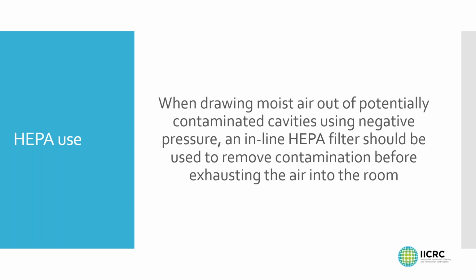When you're drawing moist air out of a potentially contaminated cavity, you should use an inline HEPA filter, which I'm going to give you an example of floor drying. Using a mat system to dry floors. Those manufacturers of that equipment have now created a smaller HEPA filter that can go in line prior to the blower, but between the blower and the mats themselves, that HEPA filters the air.